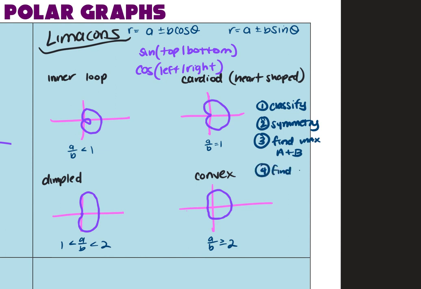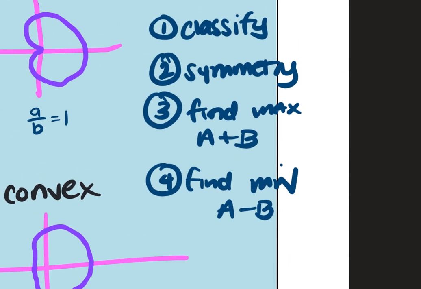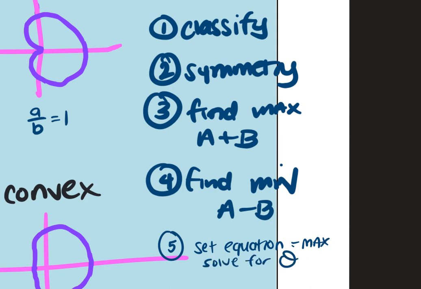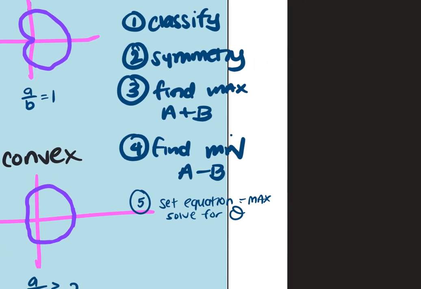The order here doesn't really matter, but you can find your min by doing A minus B. And then I find where the max happens. I set the equation equal to the max and solve for theta. And that will tell you where the biggest part of your graph is, or the rounded side. And then you'll know your min is on the opposite.